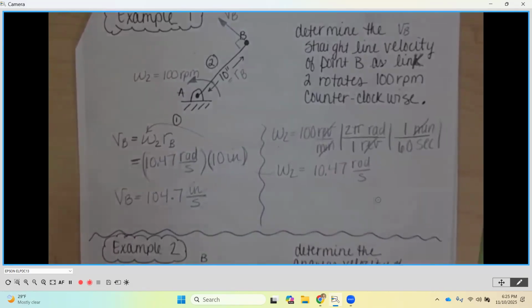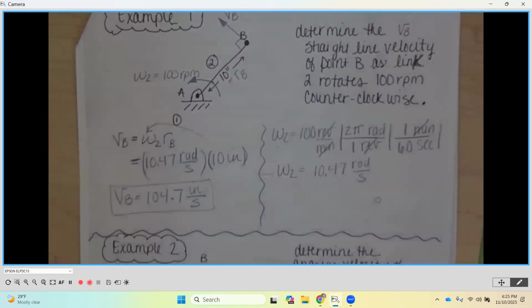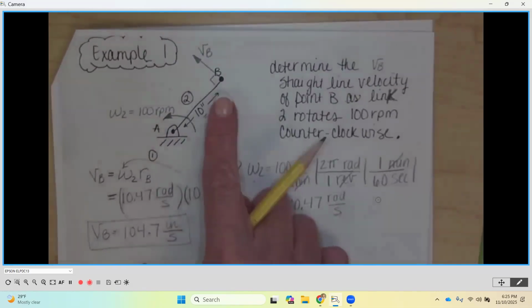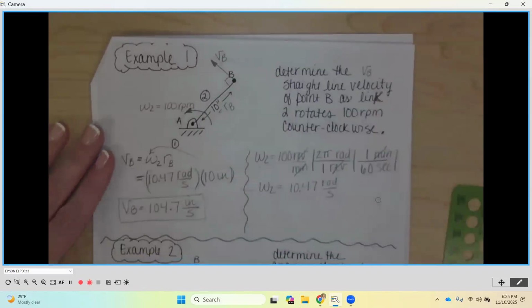If there's nothing left and we're in a rotational atmosphere, then radians magically appears. So 104.7 inches per second is the straight line velocity, VB, at point B when we have link number 2 rotating at 100 RPMs. So good. Questions?